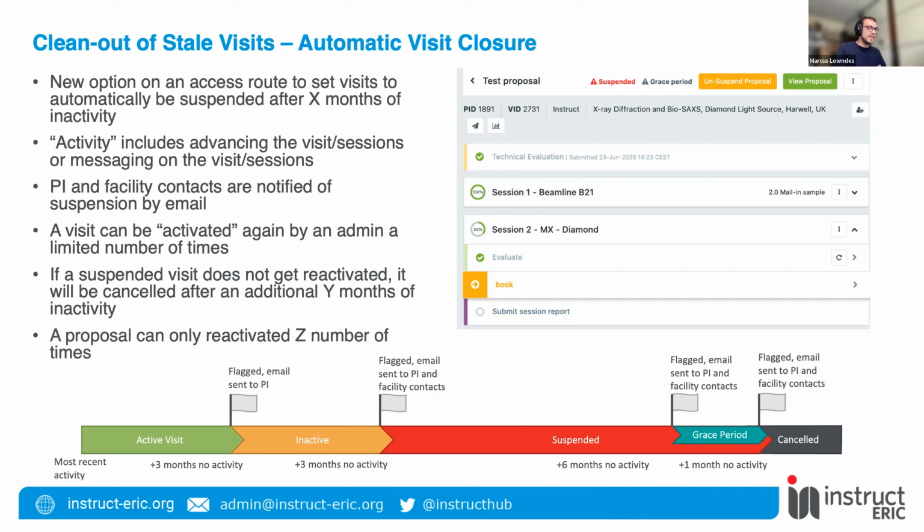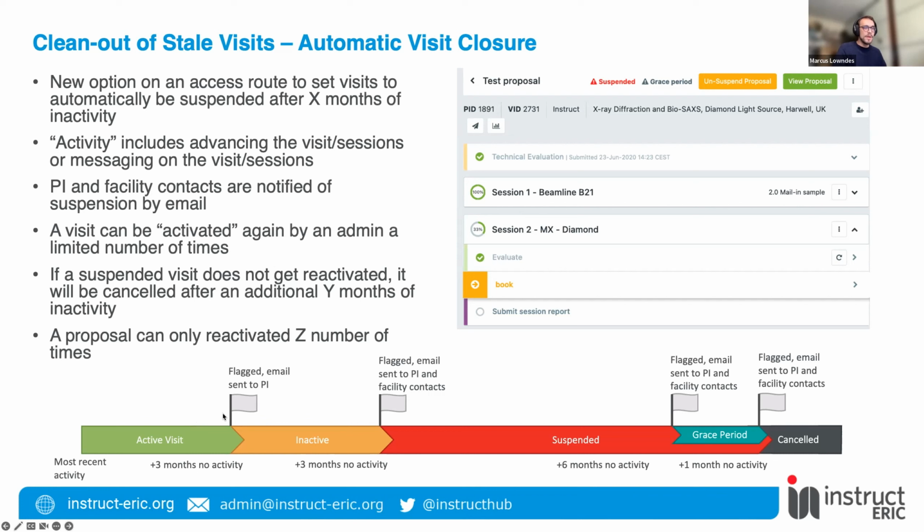Emails also go out here to the PI and the facility contacts, and then communication needs to happen essentially. The proposal will stay suspended until a facility contact decides, okay, we've talked to them now, we know what's going on, I'll unsuspend it. So then they can unsuspend it and reset the whole process back to it being active again.